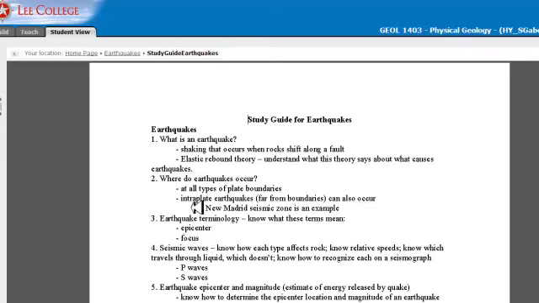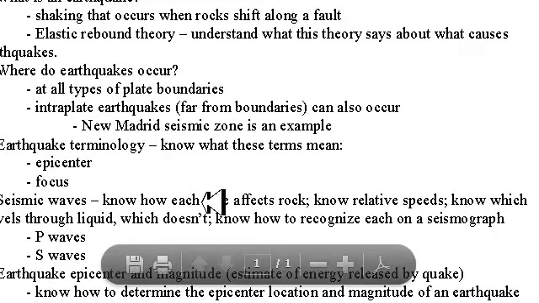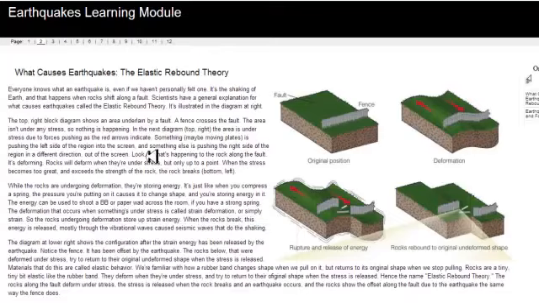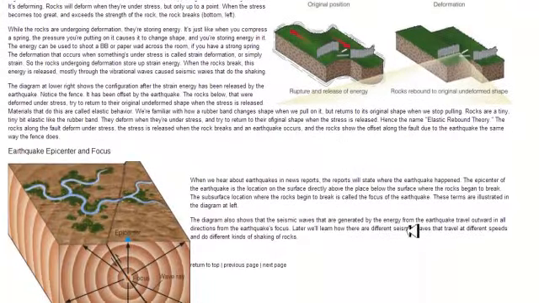And then we also talked in the learning module about how there are earthquakes that occur in places that are far away from plate boundaries. They're called intraplate earthquakes, and a good example of that is the New Madrid seismic zone in North America. So once again, any of these topics you don't remember the material, you can go back and review that.